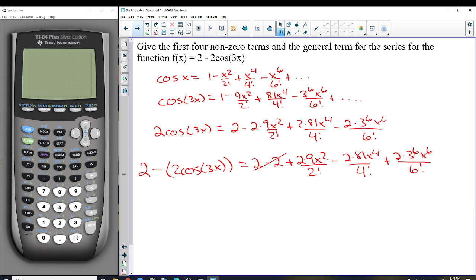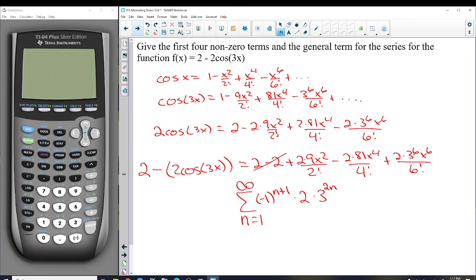So now our series is n equals, let's see, what should I start with? I think I'll start with 1. 1 to infinity of negative 1 to the n plus 1. Everybody has a 2. The 3 starts at, what does it start at? It starts at 3 squared and 3 to the 4th and then 3 to the 6th.